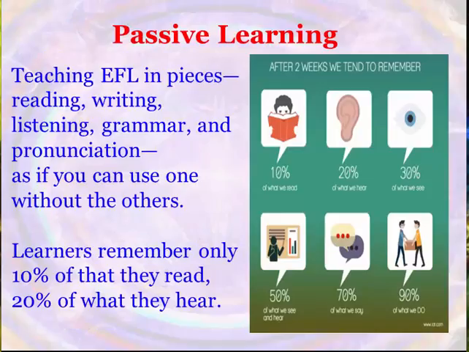In passive learning, learners remember about 10% of what they read and only about 20% of what they hear. Passive learning splits the language into different components: reading, writing, listening, grammar, and pronunciation that you try to learn separately, as if you can use one without the others.